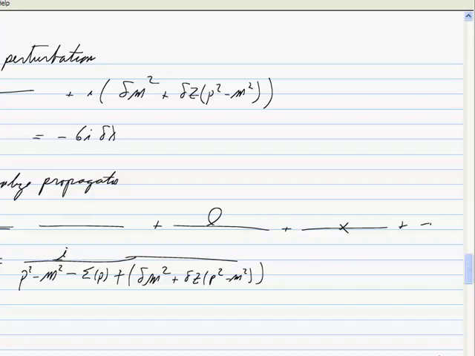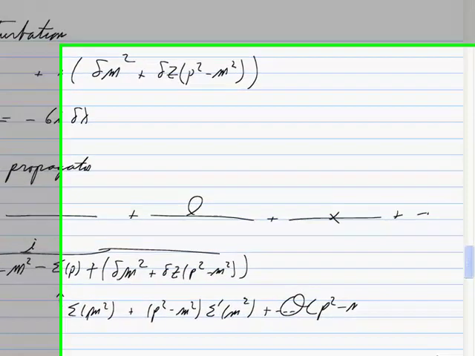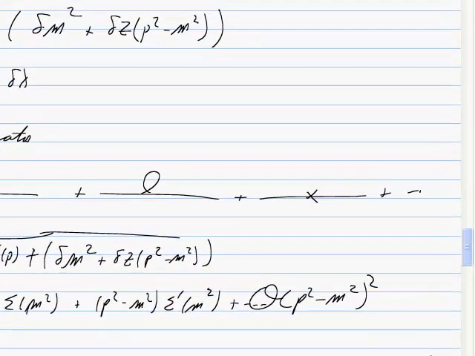Okay. If we write this now as Σ is as before, Σ(m squared) plus (p squared minus m squared) Σ' at m squared plus dot dot dot. Okay, so the thing I'm dropping is the order (p squared minus m squared) squared.